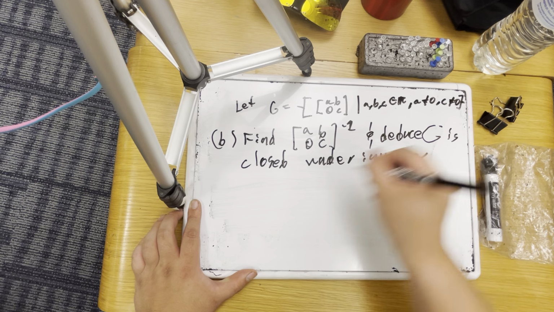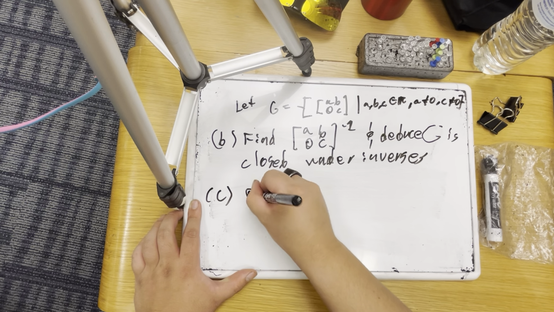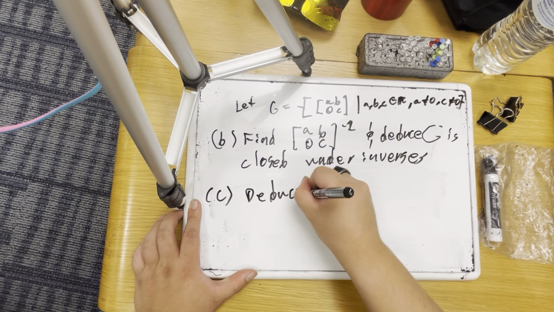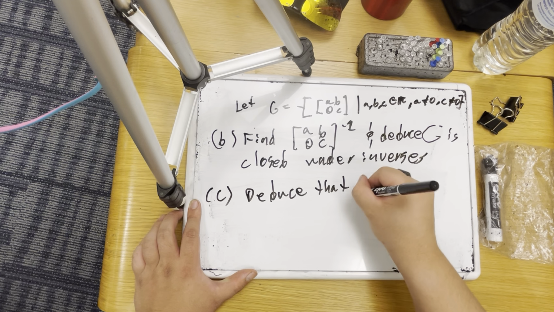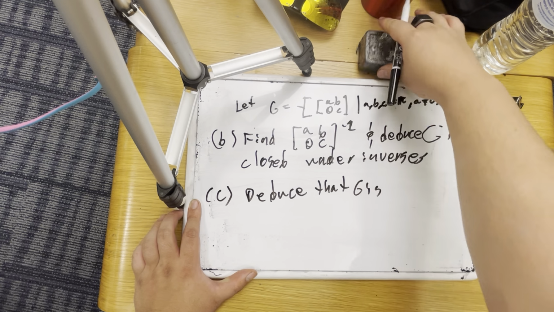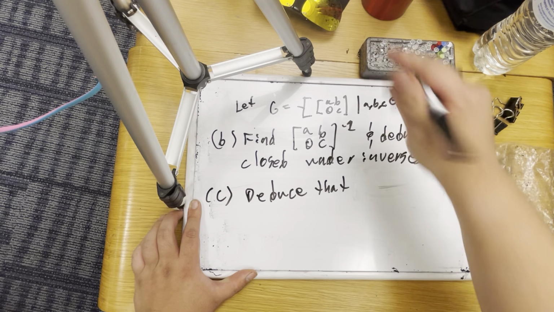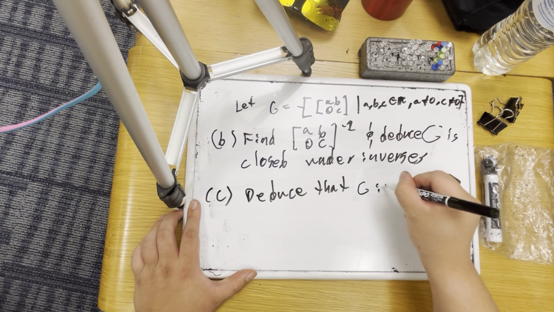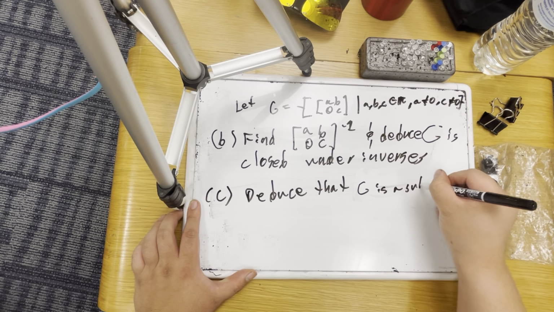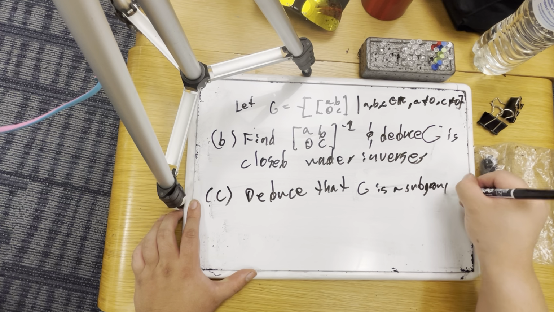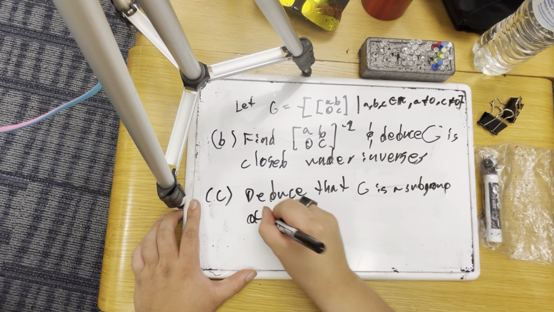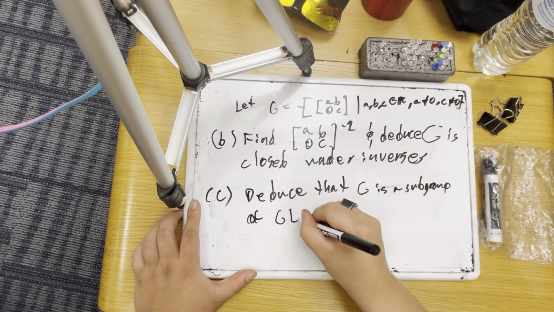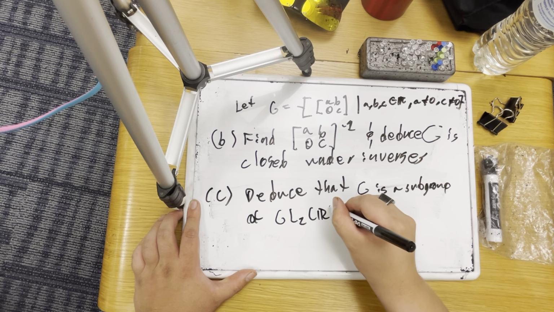For part C, deduce that G is a subgroup of the general linear group of degree 2 over the reals.